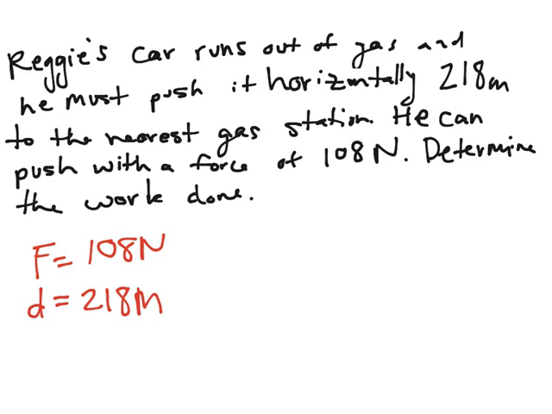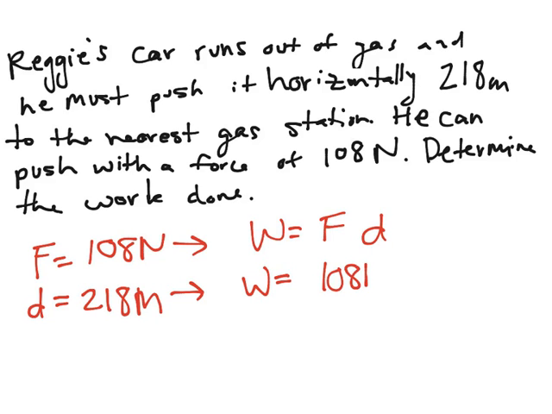He has to push it 218 meters, and we know that work is equal to the force times the distance. That's in the same direction. These are both going horizontally, so they can be exactly equal. So work would just be 108 newtons times 218 meters.